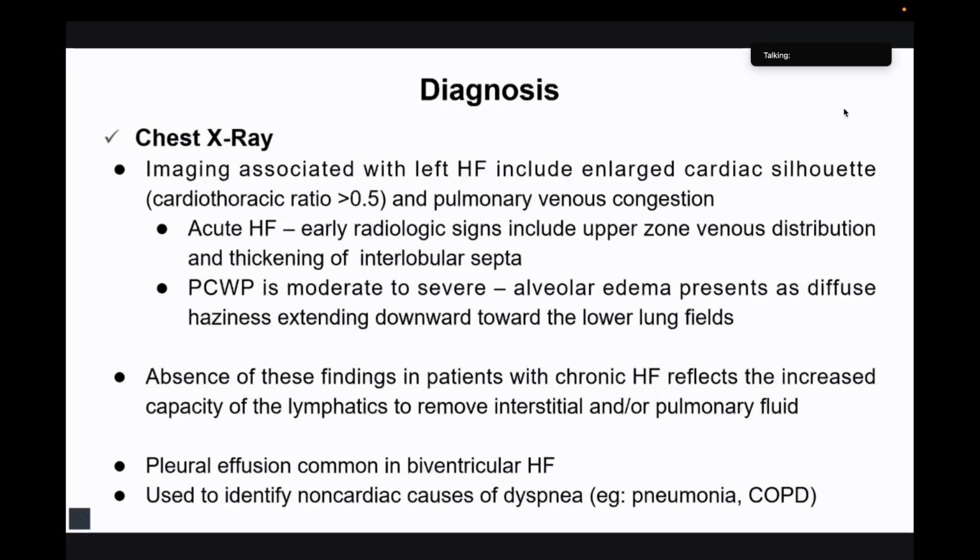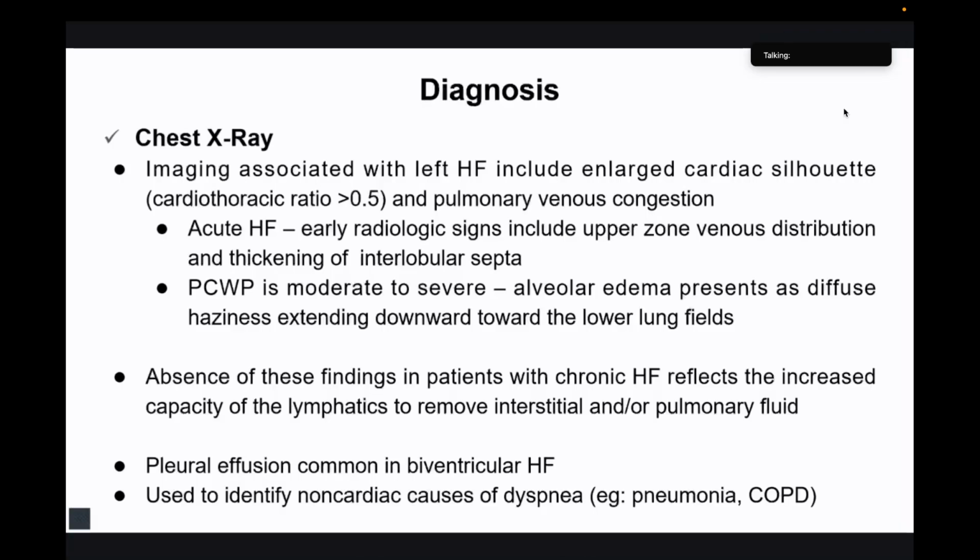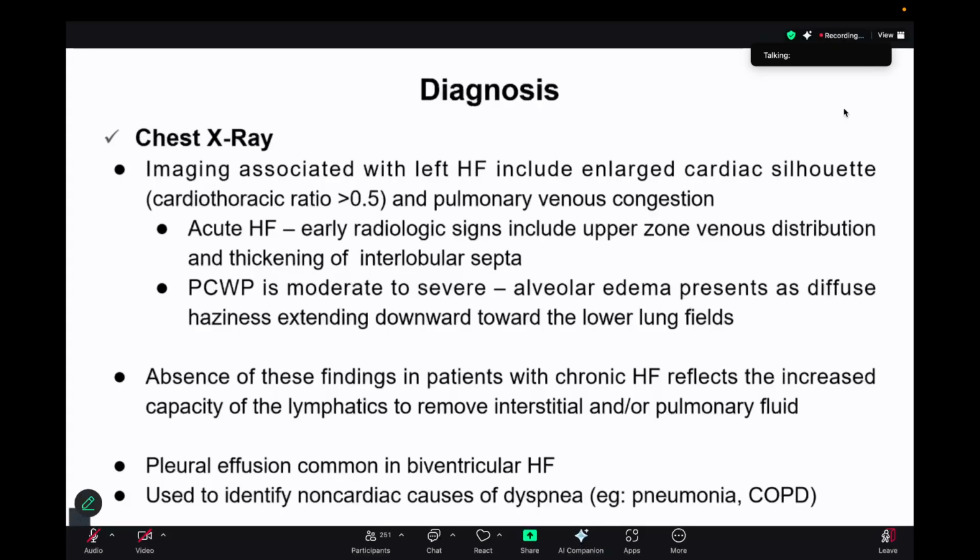Chest X-ray. The chest X-ray provides useful information about the cardiac size and shape, as well as the state of the pulmonary vasculature. On chest X-ray, findings associated with left heart failure include an enlarged cardiac silhouette, meaning the cardiothoracic ratio is more than 0.5, and the presence of pulmonary venous congestion.